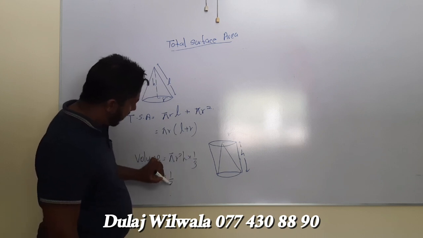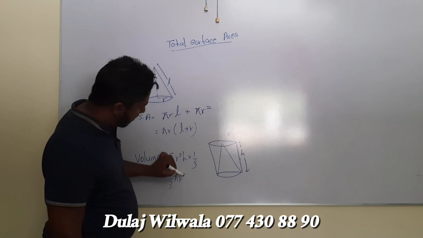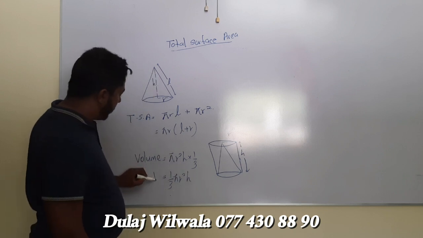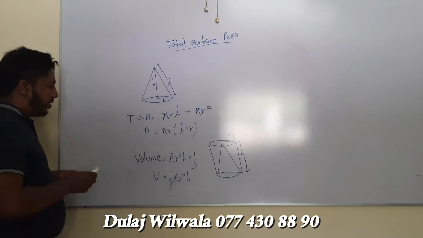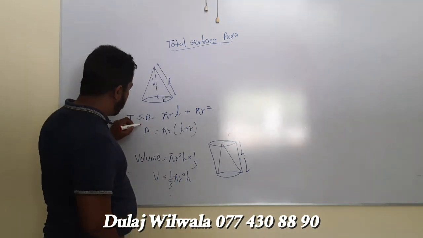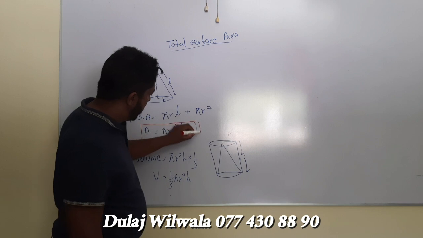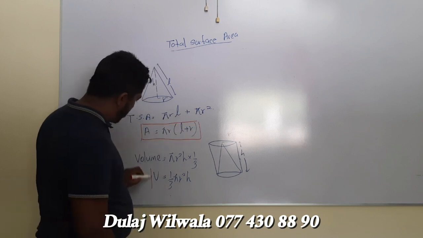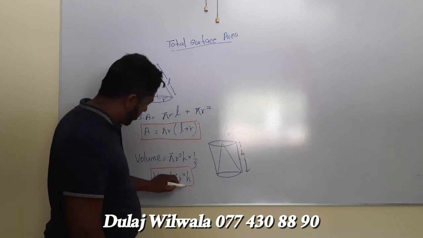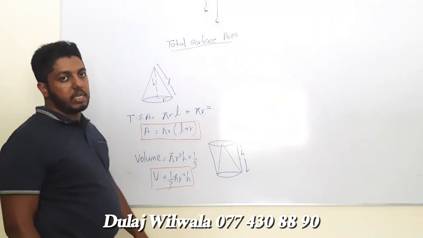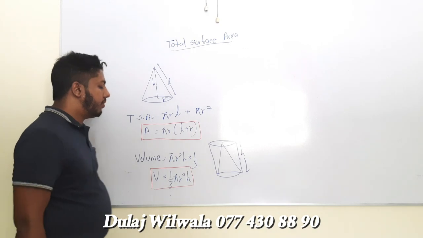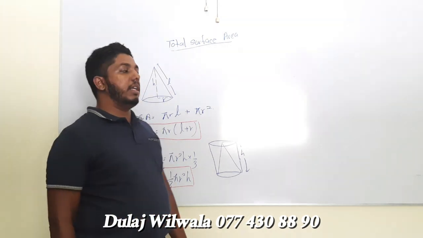So 1/3 pi r squared h. So these are the two equations. Pi r L plus pi r squared, and the volume will be 1/3 pi r squared h.